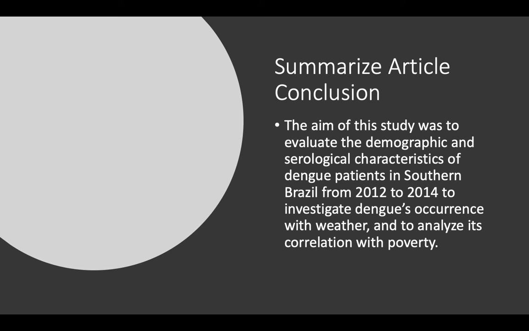It was proven that patients who lived in lower income areas, as well as during the hotter months, saw an increase in dengue virus cases, showing a positive correlation between dengue virus infections as well as low income and hotter weather.